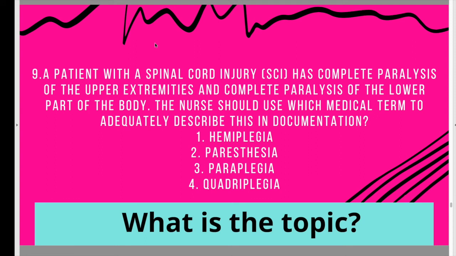So, what is the topic? So the topic is about SCI or spinal cord injury, and mostly this is about definition of terms. In NCLEX, it's important also to know the terms. So let's answer this.